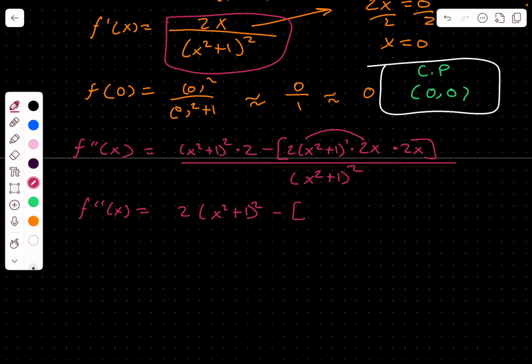I'm going to do 2 times 2x times 2x, which is going to give me 8x squared, and I'm going to put that right in front of the x squared plus 1.